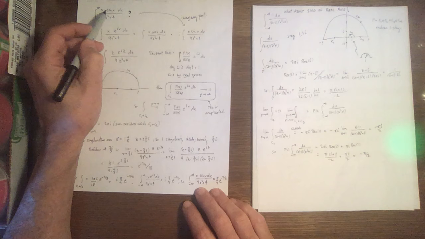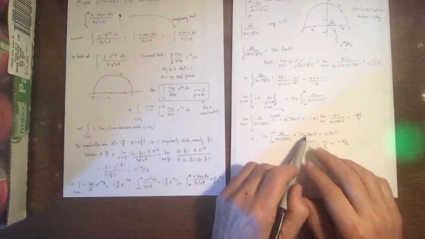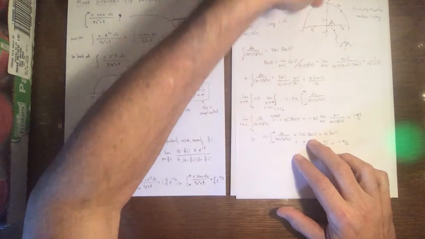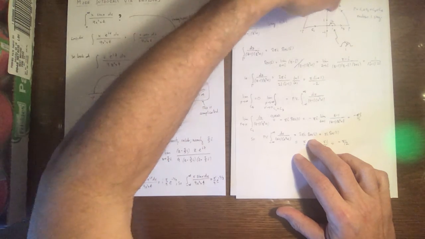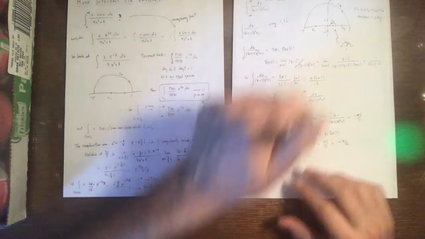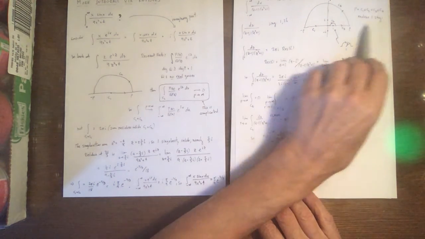So that's why you see in the book, in situations like this, that the principal value is 2 pi I times the sum of the residues above the x-axis, the ones enclosed by this curve, plus pi I times the residues on the x-axis.